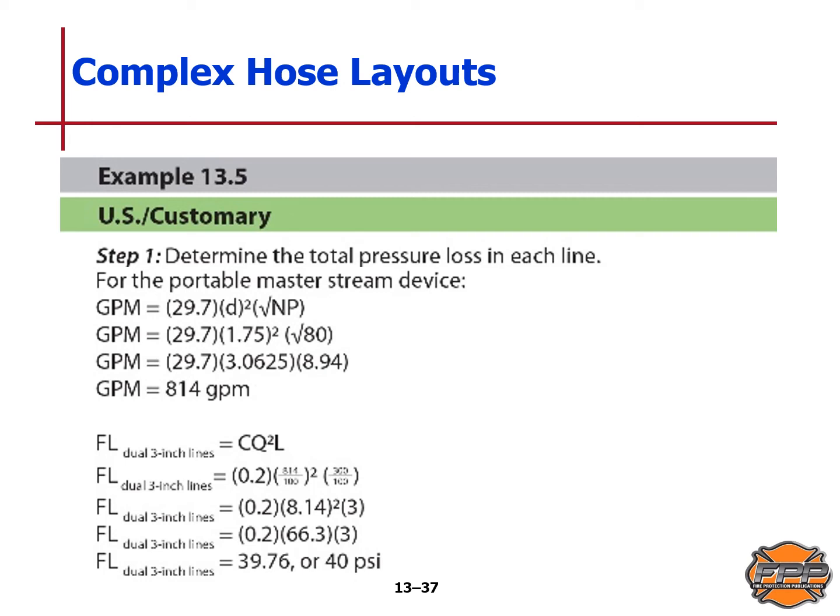If you continue the math, you get 0.2 times 66.3 times 3. And the friction loss for dual 3-inch lines is 39.76 or 40 psi. You should absolutely be getting the hang of this by now.